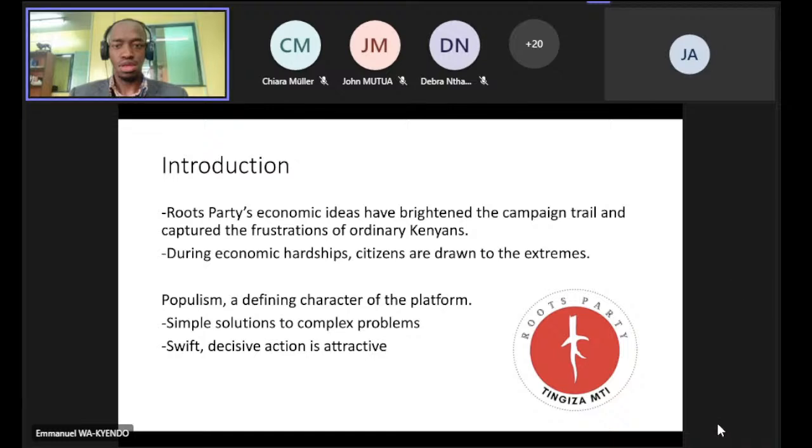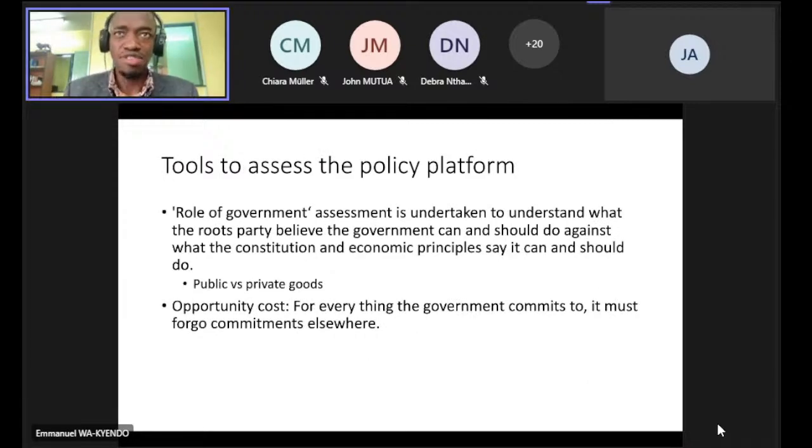As we go through Wajakoya and the Roots Party platform, there are some specific and very simple tools that we'll be using to assess what it is that Wajakoya and his political party would like to do when they enter government. We think that any political party's platform is important as a signal of what that party intends to do.